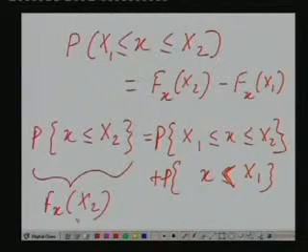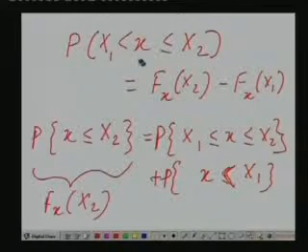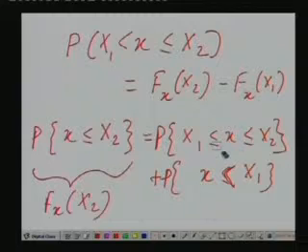Maybe I make a little change here at this stage. Actually, I am making a subtle change here.